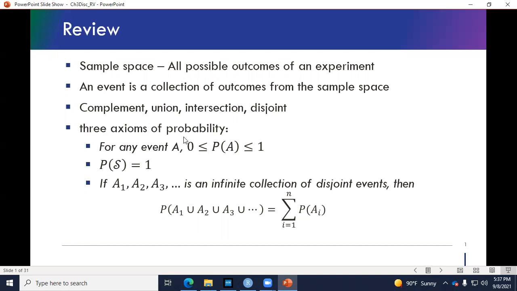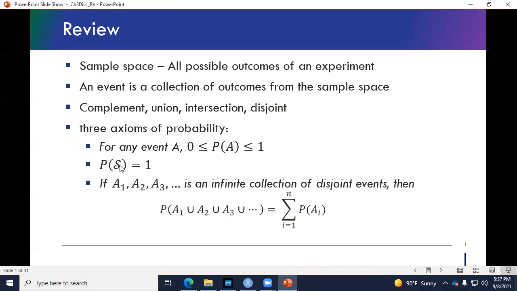And these three axioms of the probability are important because you are going to use this a lot. For any event, the probability of it would always be between 0 and 1. And the probability of your whole sample space would always be 1, because that's all possible outcomes already.